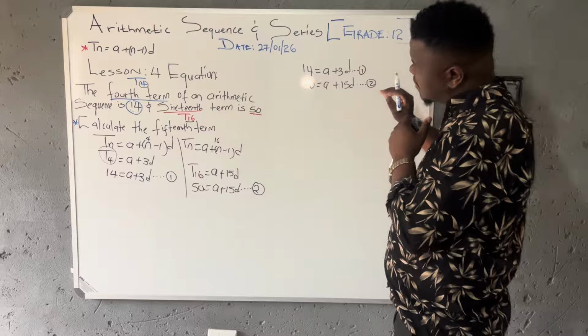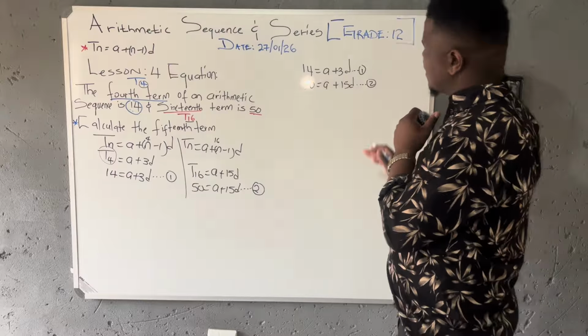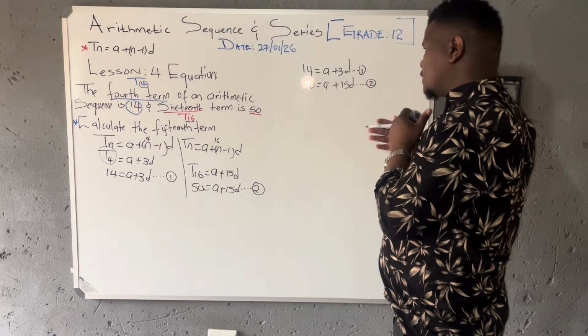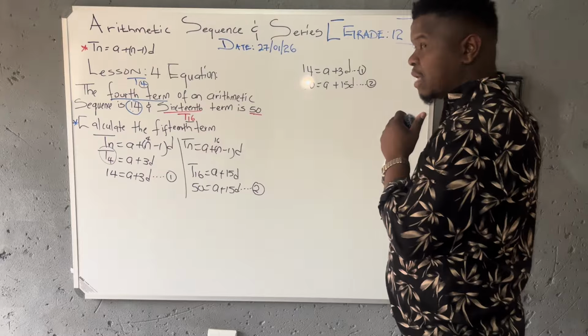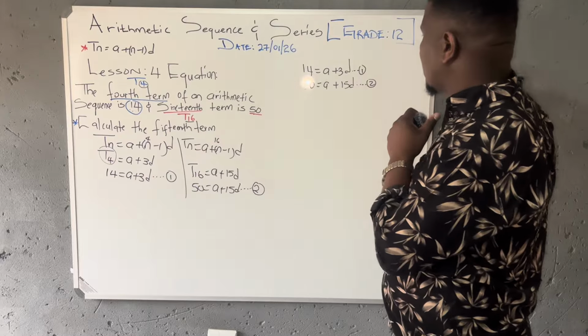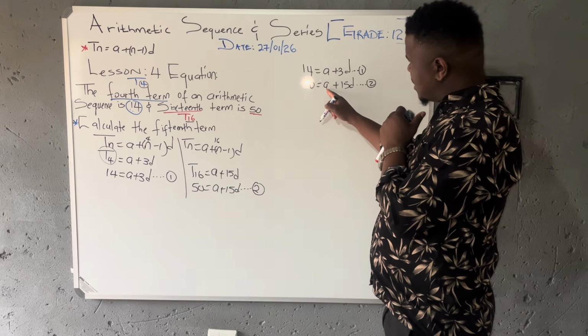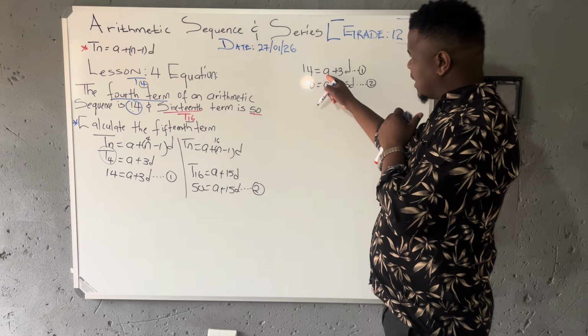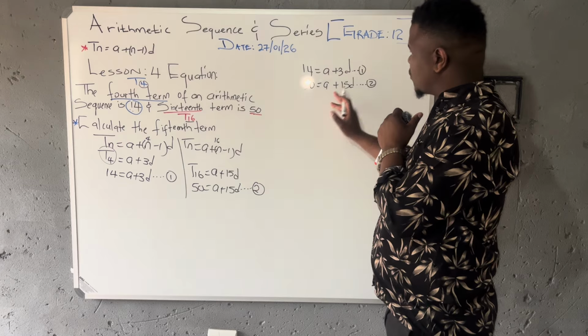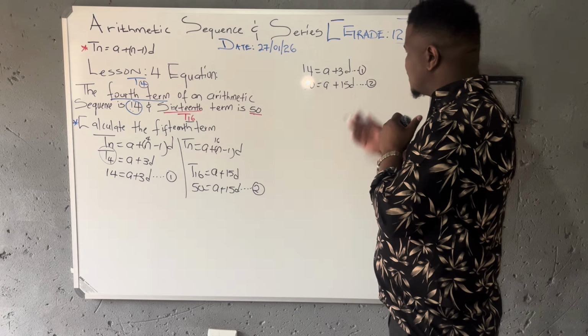But in this case, since you're talking arithmetic, we have the easiest way, which tends to be the elimination method. When we eliminate, I observe closely that if A subtract A, A is cancelled, and I'll remain with D. It makes things easier for me.